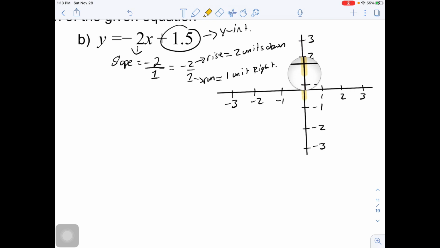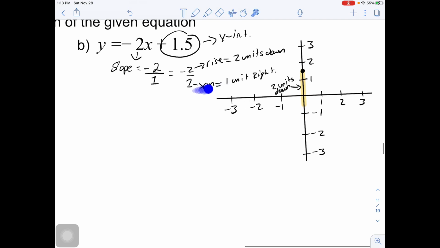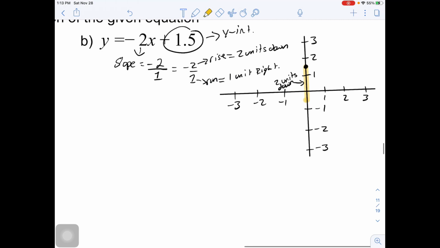And then another unit down would be right here. So that's 2 units down. And now we're going to go 1 unit to the right, so our point will be found right here.